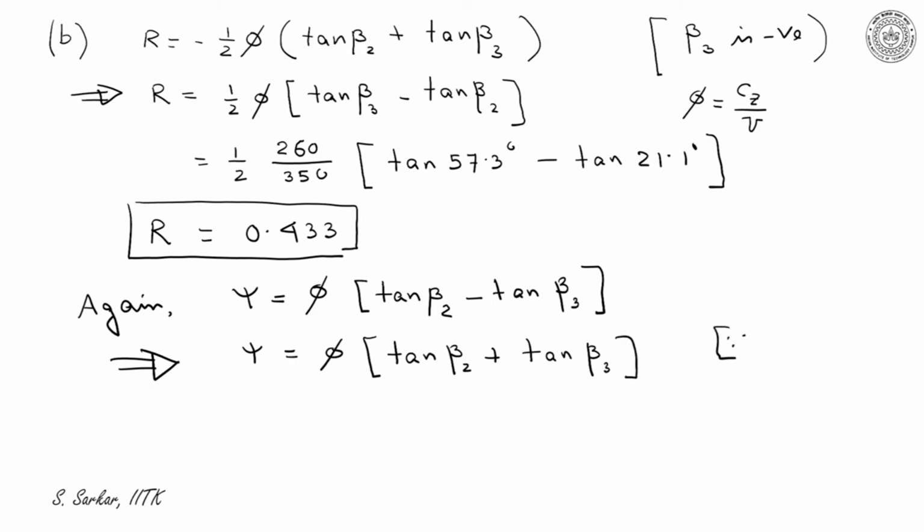Since beta 3 is negative, this would be equal to 260 divided by 350, into tan 21.1 degree plus tan 57.3 degree.